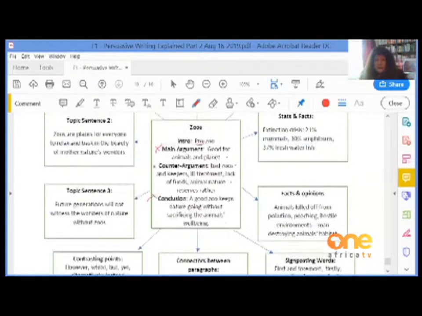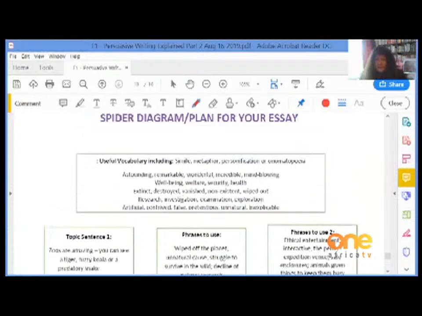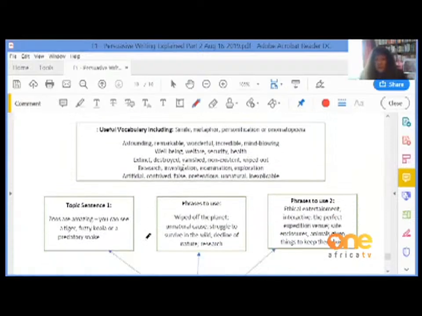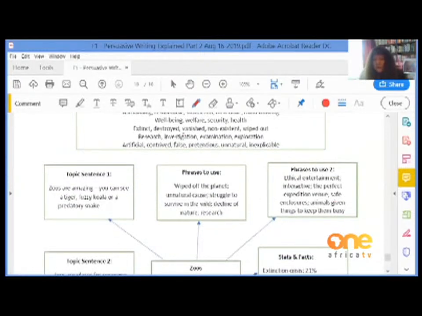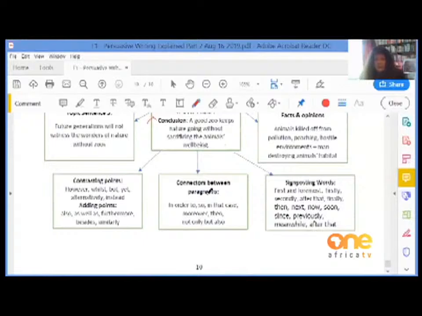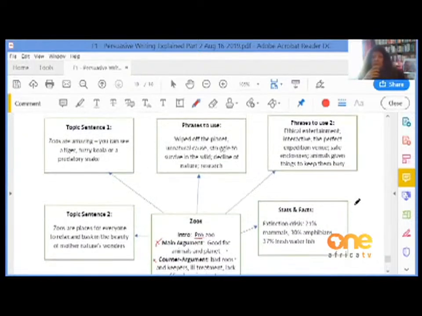Now, this is the kind of thing you should have for your plan for an essay. And once you've got things like this together, you know exactly what to do in each essay or assignment that you're going to come up against. Some of these ones you don't need to change. If it's going to be an argumentative essay, if it's another type of essay, perhaps a description, maybe you would need a box about location and descriptions of location.